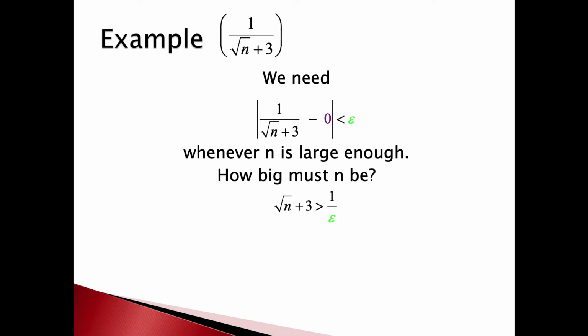If I subtract 3 on both sides, that says that square root of n should be bigger than 1 over epsilon minus 3. And now I could square both sides. Now that doesn't change the direction of the inequality, right? Squaring things doesn't change the order of the numbers. So if I square both sides, I'll get that little n should be bigger than, now big parentheses, 1 over epsilon minus 3 all squared.